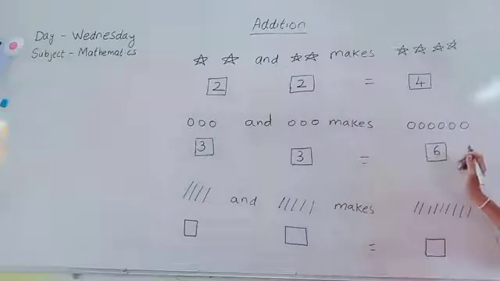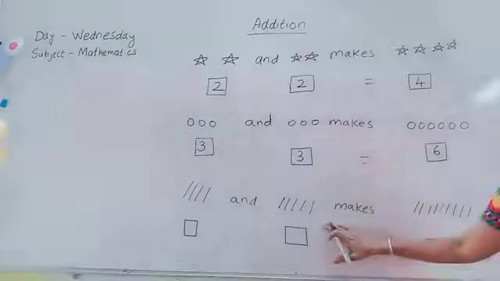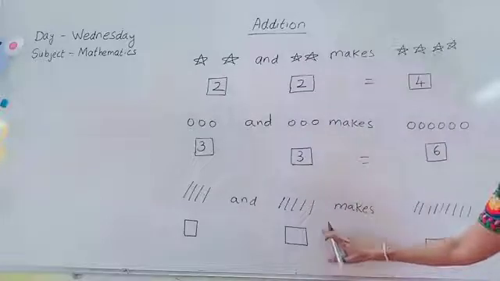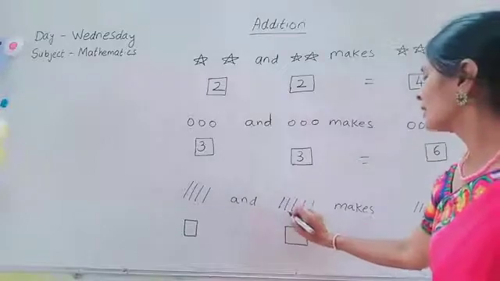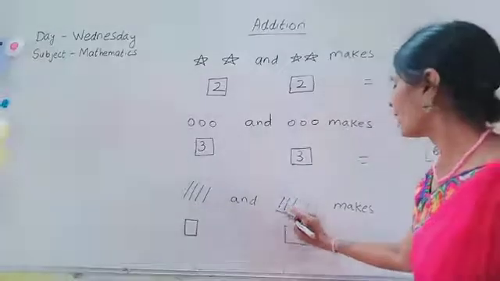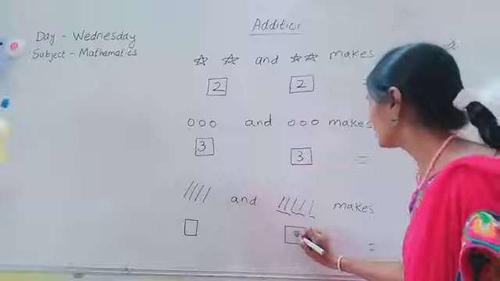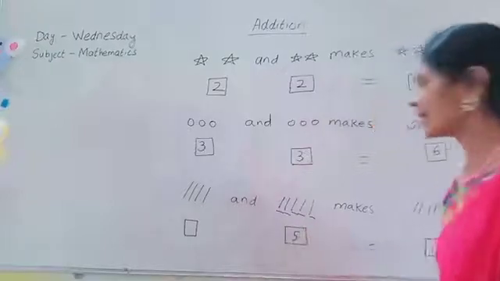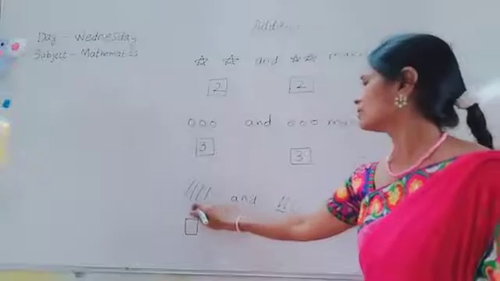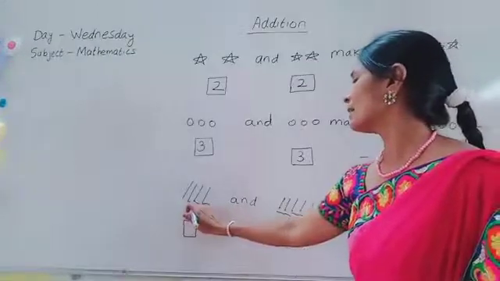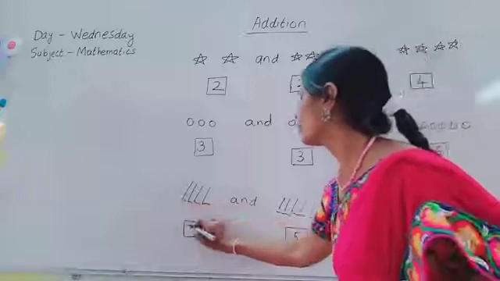Altogether 6. Okay. Now we will count these lines. 1, 2, 3, 4, 5. So we will write 5 here. In the box we will write 5. And here 1, 2, 3, 4. 4 lines are here.